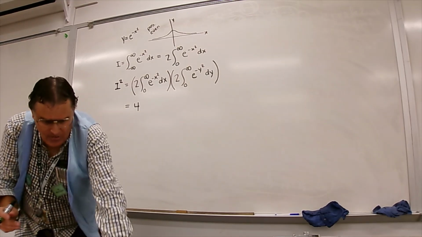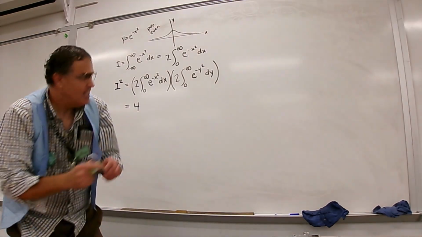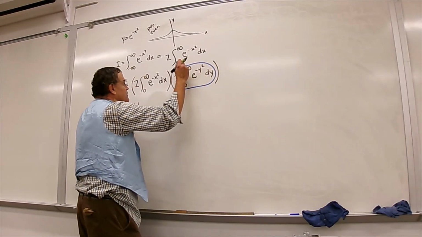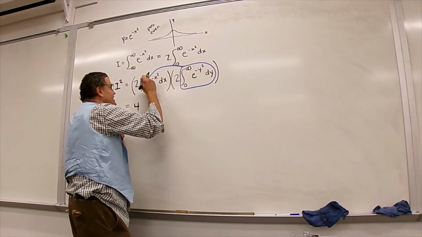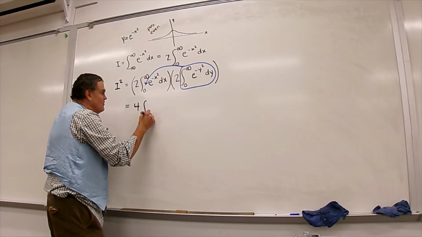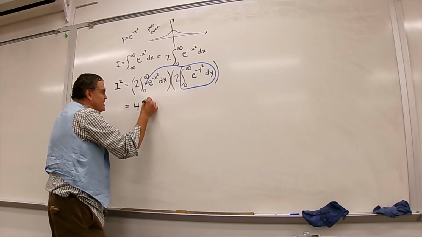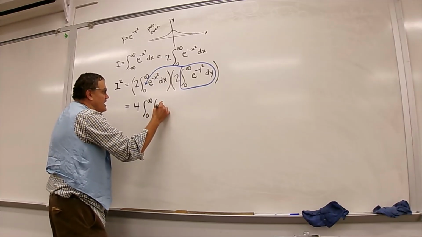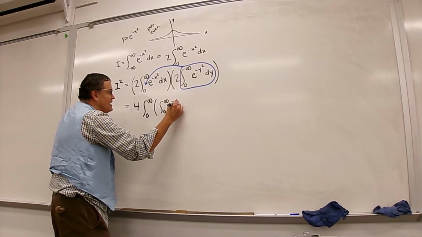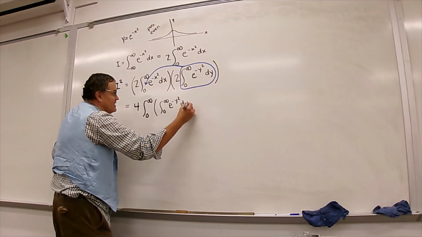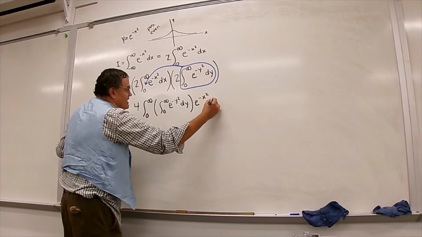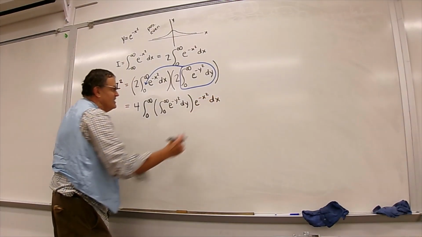I'm also going to bring this in, because it doesn't have any x's in it, I'm going to bring it into that integral. It's kind of like a constant. So I have the integral from 0 to infinity, integral from 0 to infinity of e to the negative y squared dy, e to the negative x squared dx.